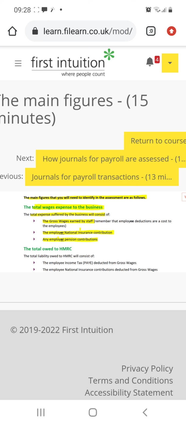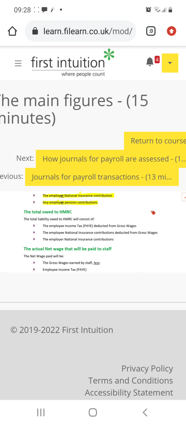Now, the other thing we may need to identify is how much will be owed to Revenue and Customs. So what do we need to pay across to Revenue and Customs? These are all the taxation elements, which turns the business into tax collectors on behalf of the government. As a business we make tax deductions from staff and hand them over to the government on their behalf.